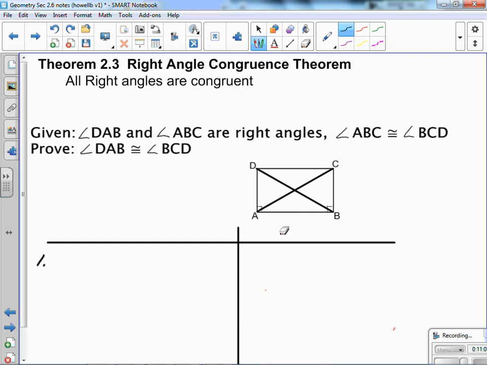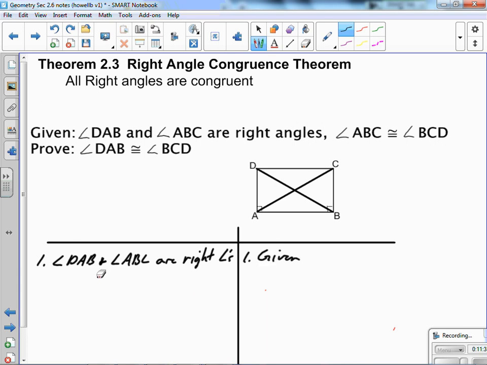So that's where I'm going to start out. Angle DAB and angle ABC are right angles. I'm just going to use the abbreviation for angle because I ran out of space there. Alright, so that's given.